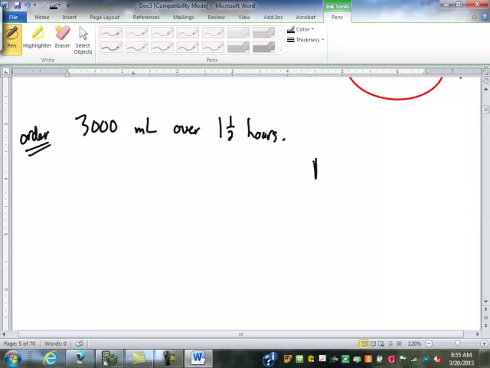Let's find drops per minute, if our drop factor is 20 drops per milliliter.